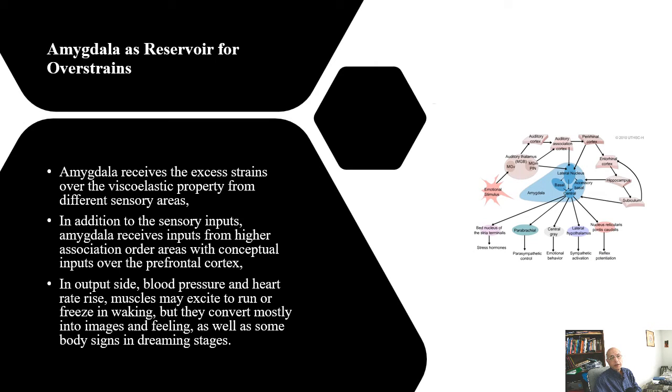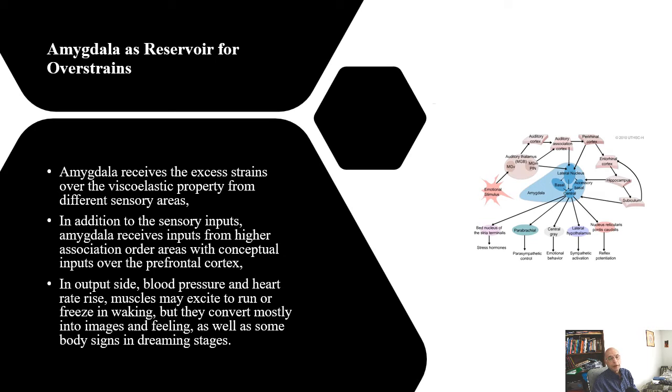Amygdala receives the excess strains over the viscoelastic property from different sensory areas. In addition to the sensory inputs, the amygdala also receives inputs from higher association areas like the areas over the prefrontal cortex, which create concepts.